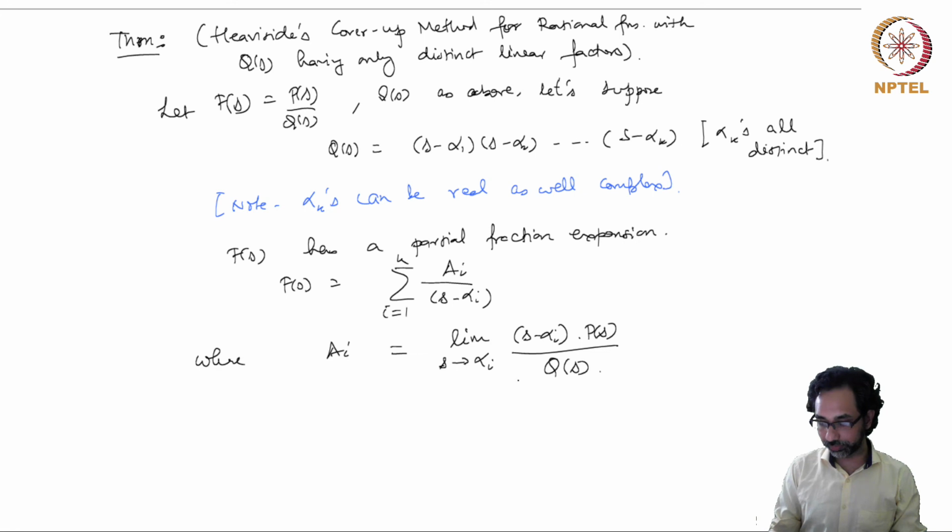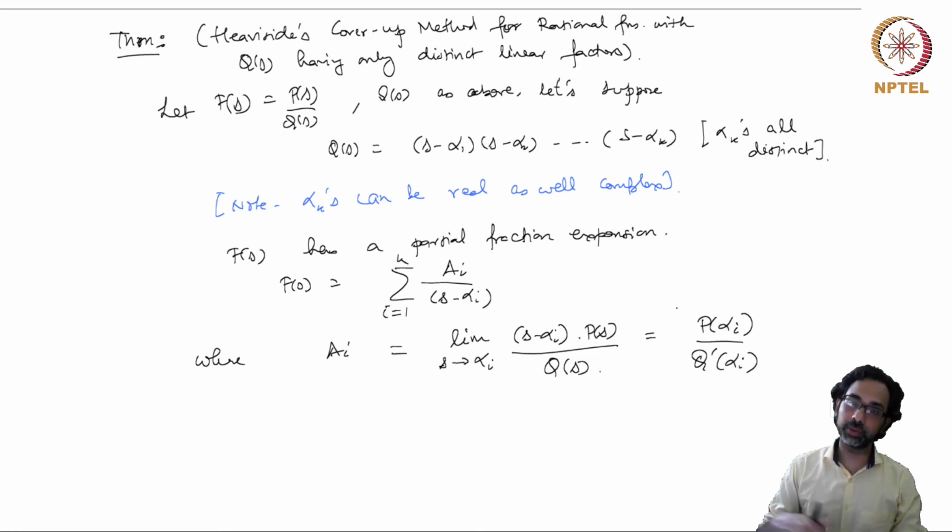Now note that since alpha_i is not a root of p(s) by our assumptions, because p(s) and q(s) do not have any common roots, this is the same as p(alpha_i) over q prime of alpha_i, assuming that q is differentiable at alpha_i, which is true here because q is a polynomial in s.